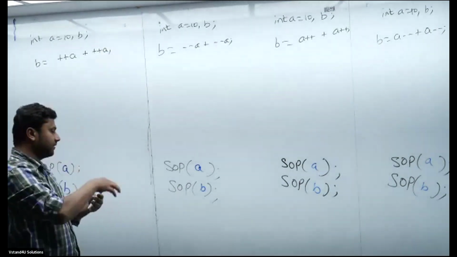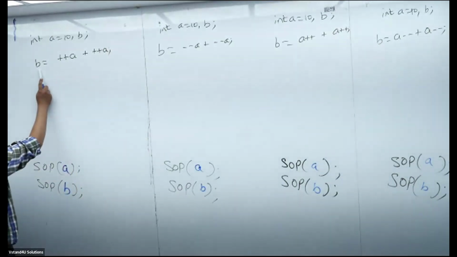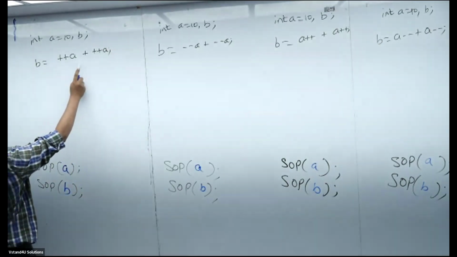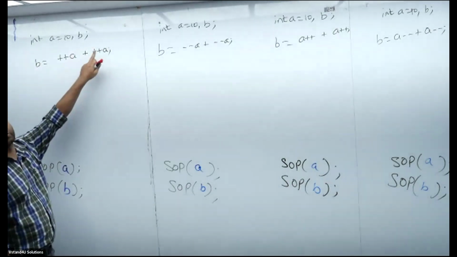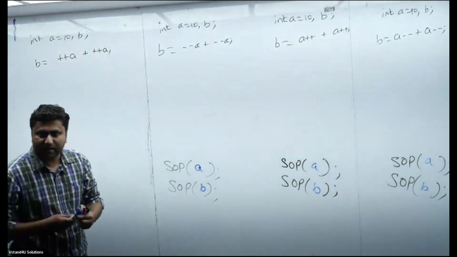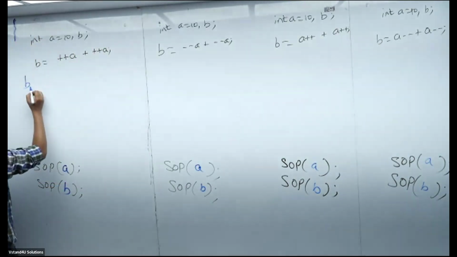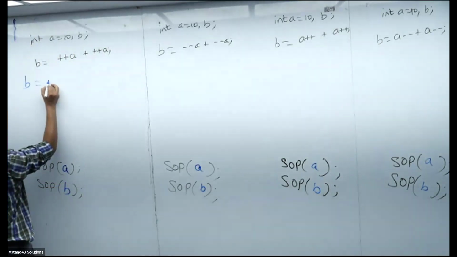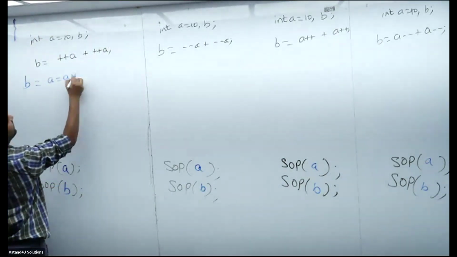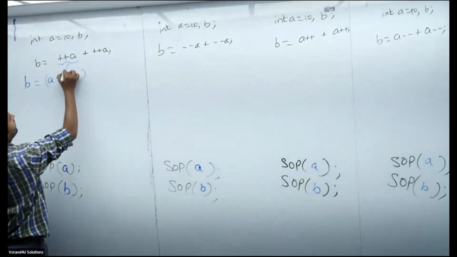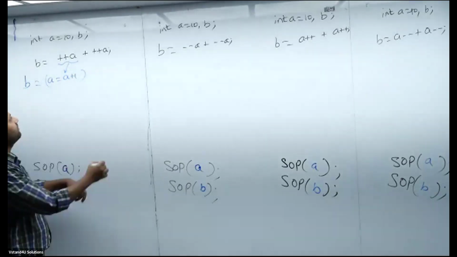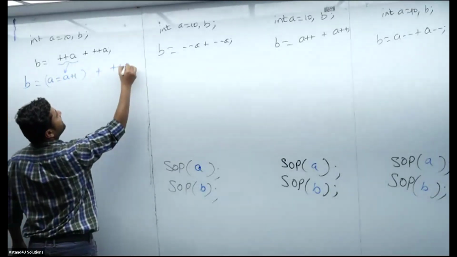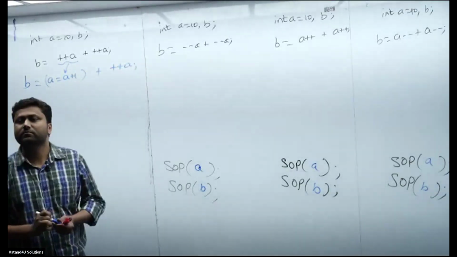Shall I start? Sir, you are telling b equal to ++a + ++a. Let me solve this first, then I'll solve that. So you are actually telling, sir, a equal to a plus 1. This much is what? Am I right? Then plus a as it is. I am not touching it.